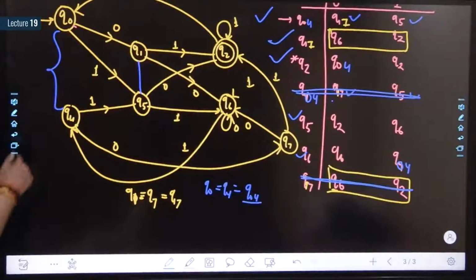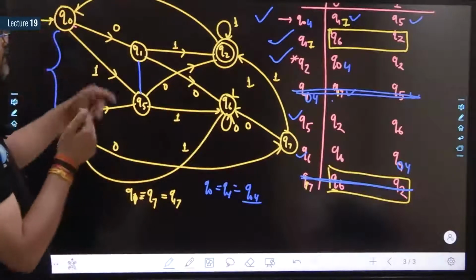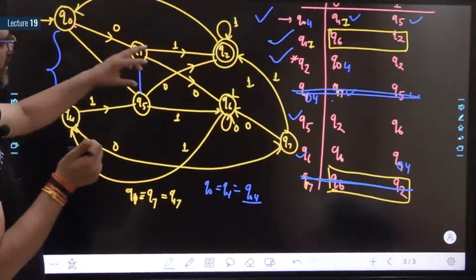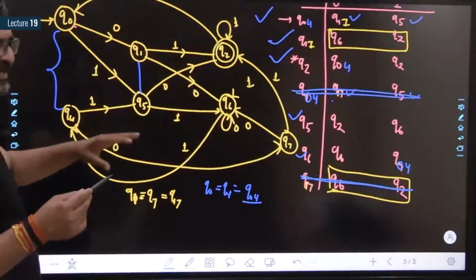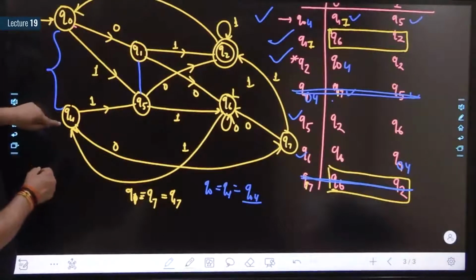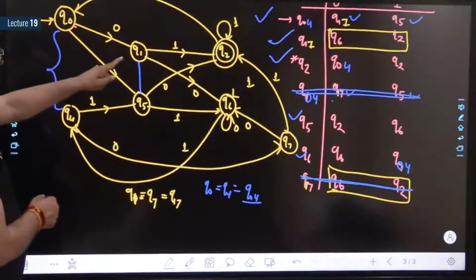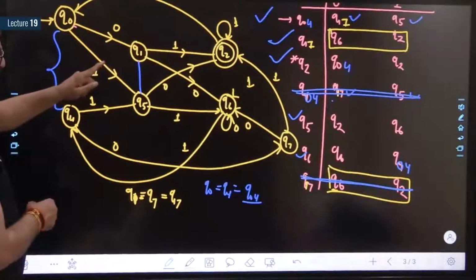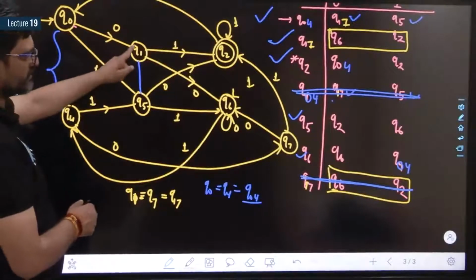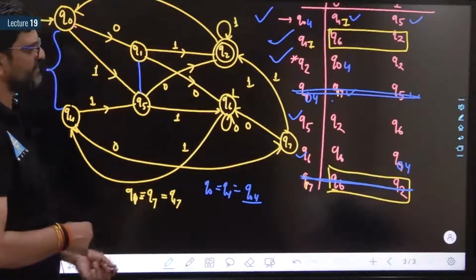I think we have only 4 states. Please wait. Okay. Initially we have 8 states. Now we have 5 states. We merged Q0, Q4 as Q04, and Q1, Q7 as Q17.